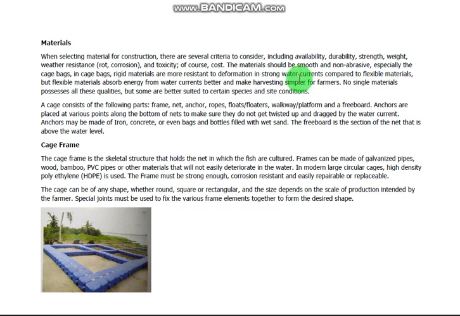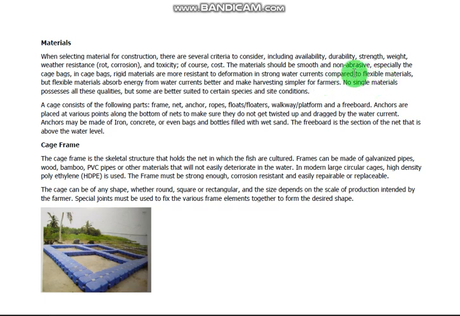If you are not using cage bags that are rigid, water currents can be very high at some point, and if water currents cause deformation of your cage bags, it's definitely not a good sign. So you must use cage bags which have rigid materials that are more resistant to deformation in strong water currents compared to flexible materials.